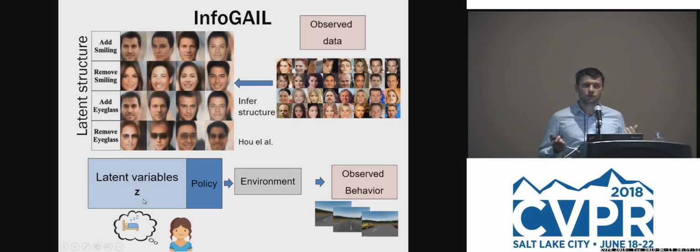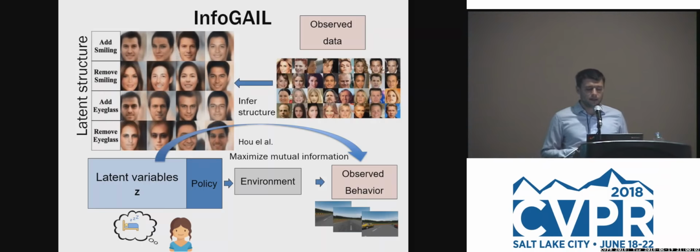So we can try to see whether we can use these latent variables to discover structure in the data in an unsupervised way. The way we do it is by using an approach similar to InfoGAN. We add an additional term to the objective function where we're trying to maximize mutual information between the latent variables and the observed behavior.